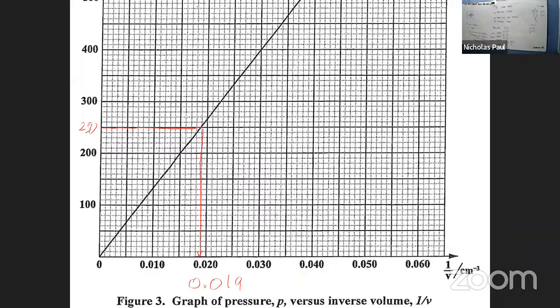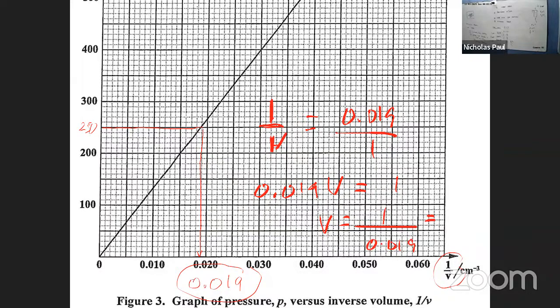This value here is the value for 1 on V, but it asks for V. That's okay. So 1 on V is equal to 0.019. Cross multiply, you'll get 0.019 V is 1, then solve for V. So that's 1 over 0.019.